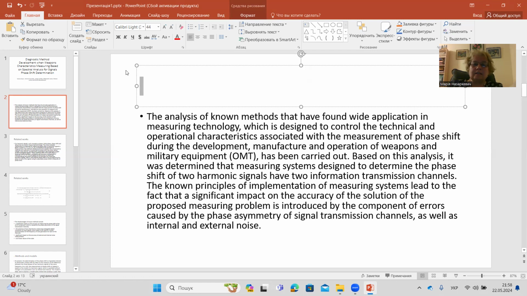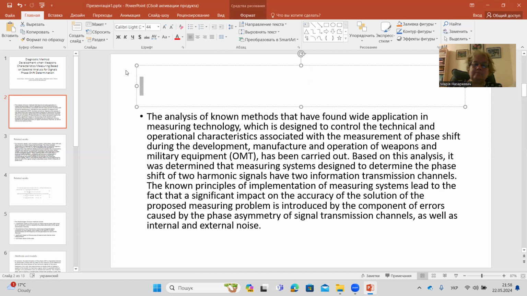Based on this analysis, it was determined that a measuring system designed to determine the phase shift of two harmonic signals has two information transmission channels.